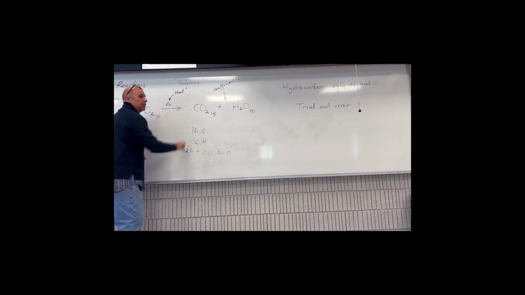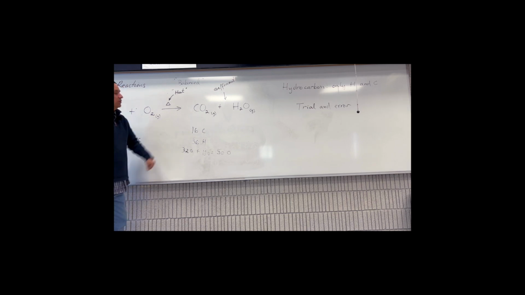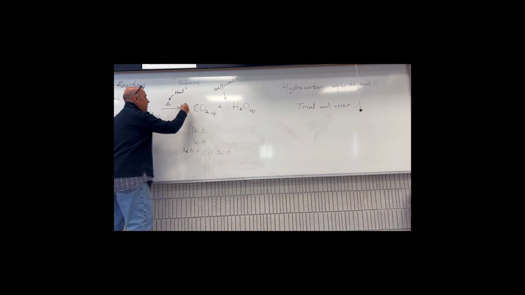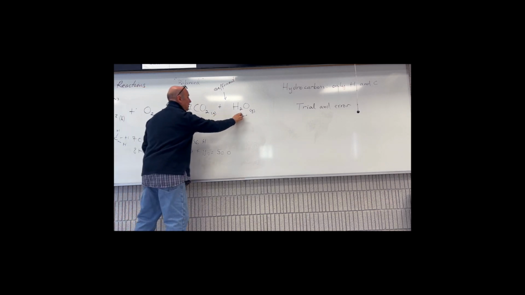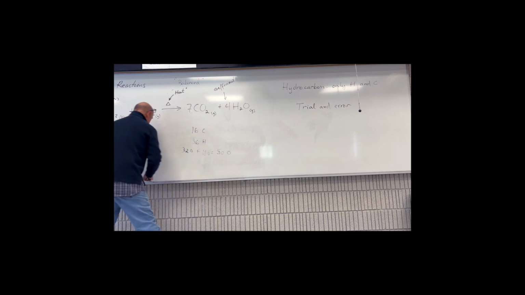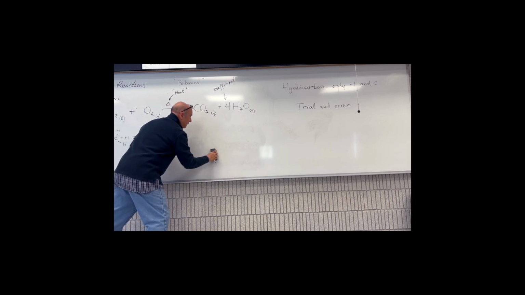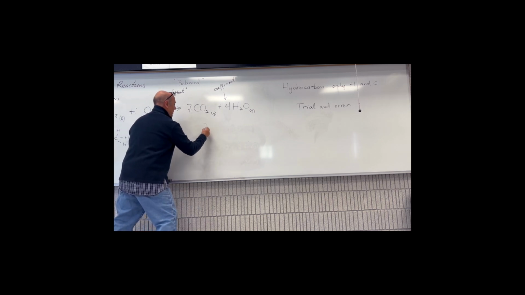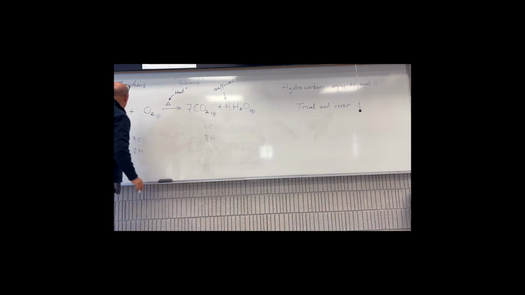And over here, only 1. So what do we do? 7 times 1, yes. 7 there. So now we have 7 and 7. How many hydrogens? 8. And over here we have 2 hydrogens. So how do we make this 8? 4 times 2. That's 4 waters. Okay, so 7 carbons, 8 hydrogens, and that's balanced.